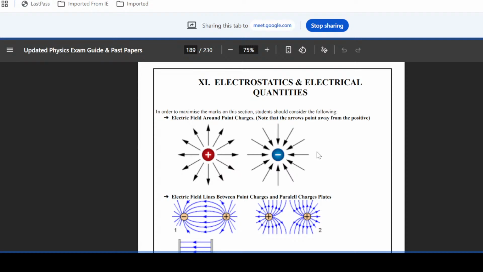Remember, when it comes to electricity, the convention is what is used to indicate the movement of charge. The convention is that it's the positive that moves, right? Positive particles that move.